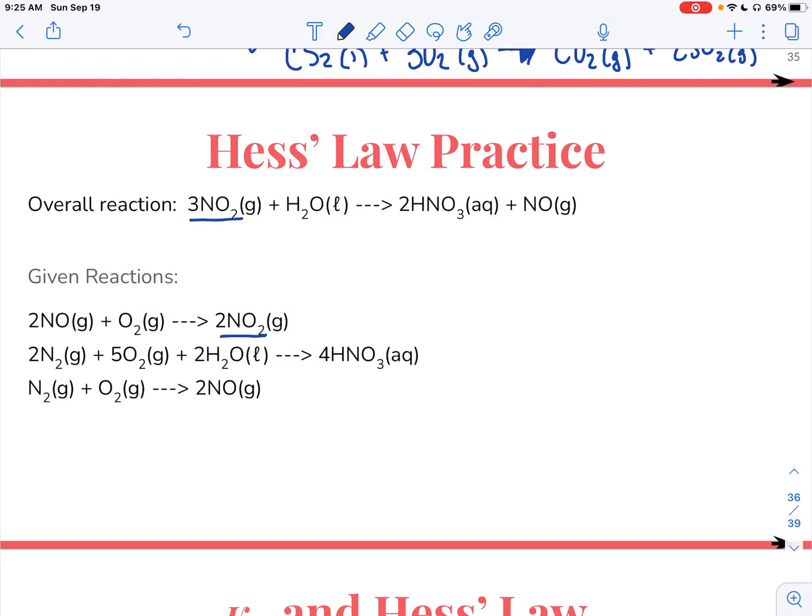So we need to flip this because in our given reaction, it's on the wrong side. We want it on the reactant side. So we're going to flip it. And then we're also going to multiply it by 3/2 because we have 2 here and we need it to be 3.